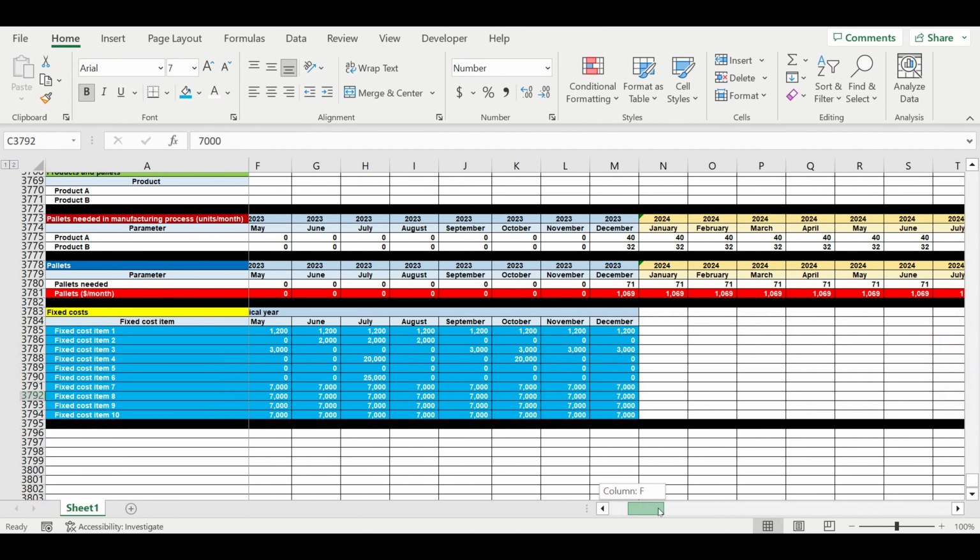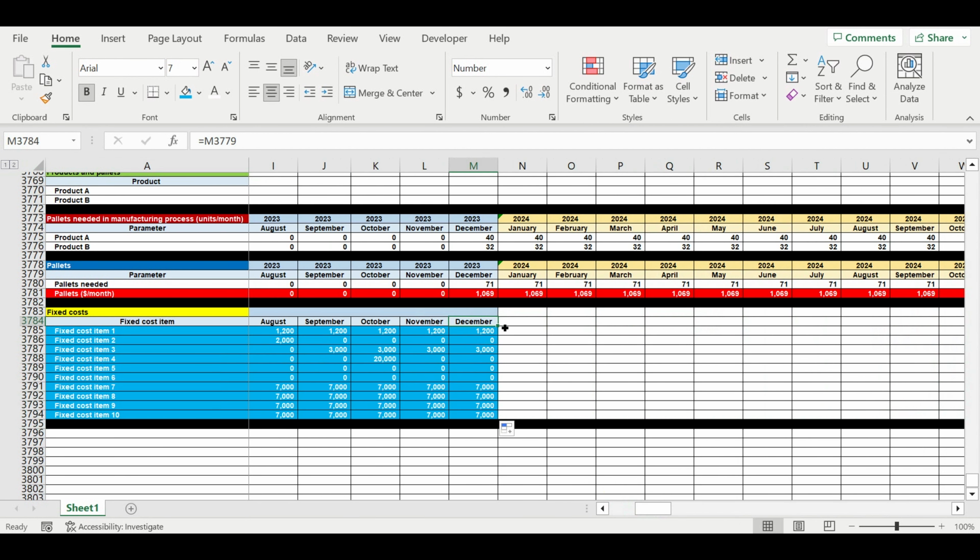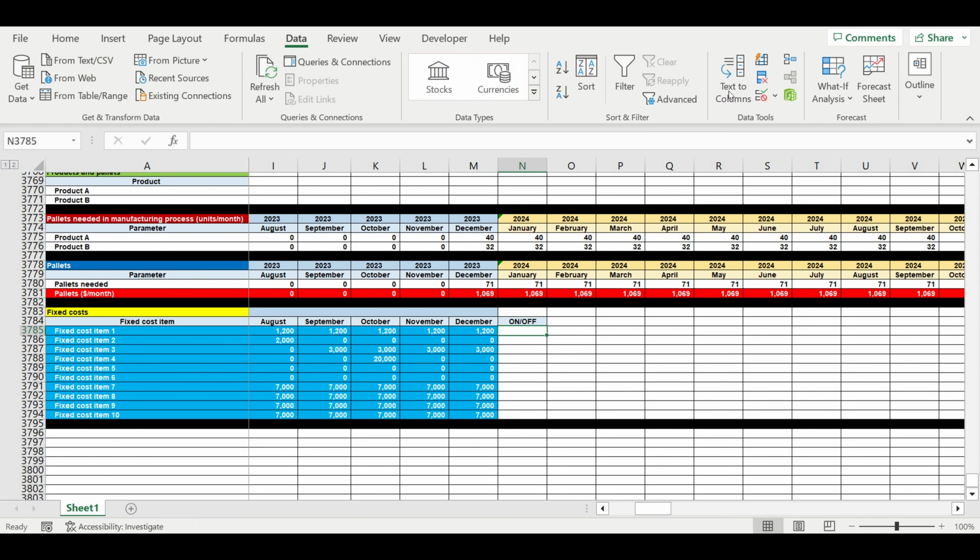So now let's create some on-off coefficients to make us be able to play with all these data easily later. So I will be using data validation.